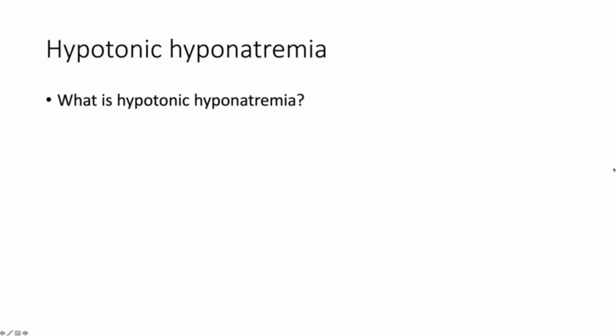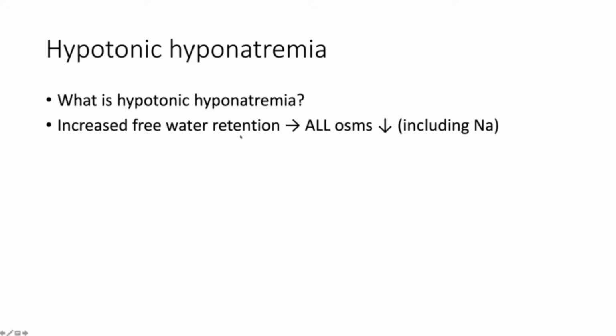Because sodium is closely associated with water, tonicity is important to sodium. The way to think about it is this: sodium is generally the most important osm. So if your sodium is low, it usually means all of your osms are low. It's not always the case, which we'll talk about, but usually that's true. So in hypotonic hyponatremia, not only is your sodium low, but all of your osms are low.